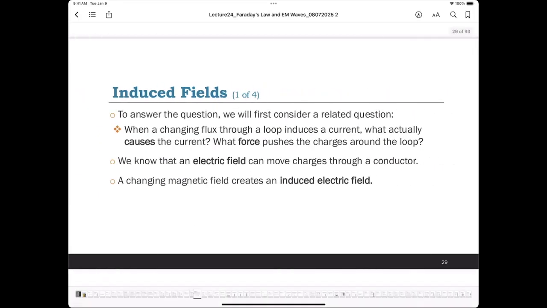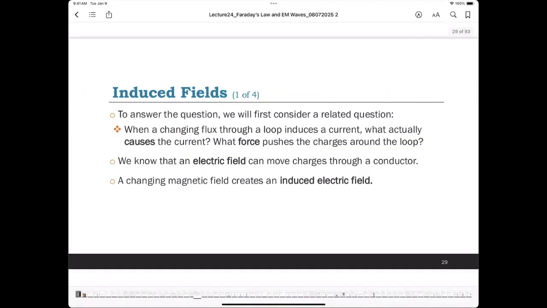To answer the questions, we will first consider a related question. When a changing flux through a loop induces a current, what actually causes the current? What force pushes the charges around the loop?